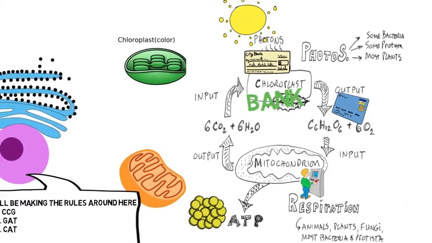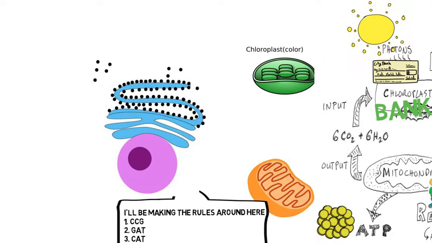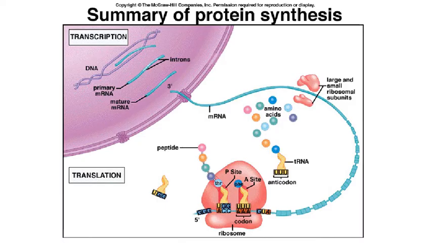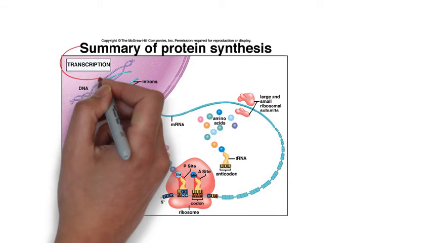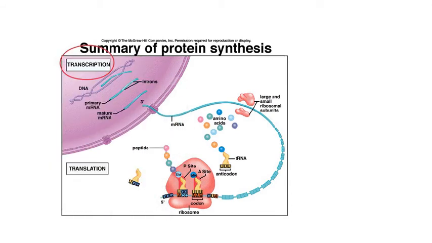Now we're going to talk about those ribosomes. Now in the ribosomes, something very important happens, and it's called protein synthesis. It's where we make our proteins. And this happens in two major steps: transcription and translation. Now during transcription, we're going to take a copy of that DNA with all those codes, C's and G's and A's and T's, and turn it into mRNA, which has C's and G's and A's and U's.